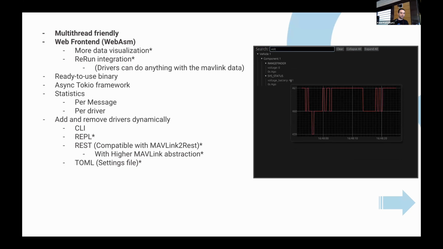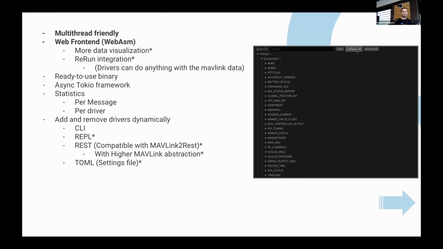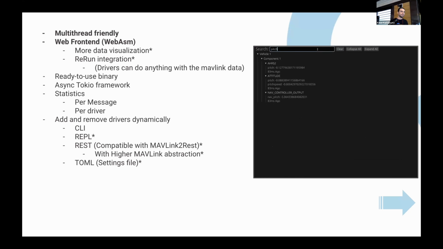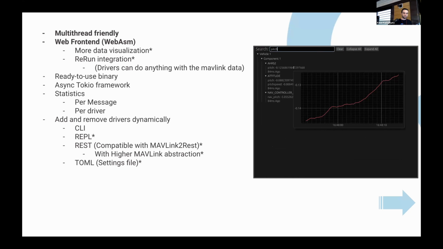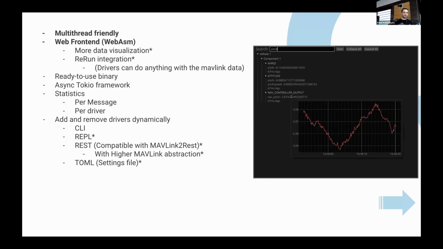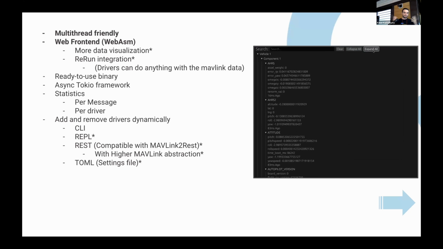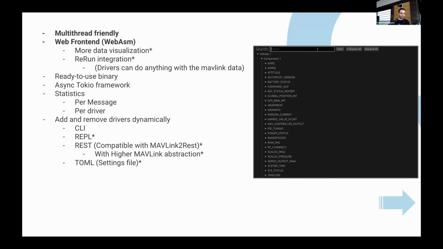It also allows you to add and remove drivers on the fly, different from MAV P2P and mavlink-router, if I'm not mistaken, and MAVProxy. Not 100% sure about MAVProxy. It provides a REST API where you can easily create and remove endpoints, MAVLink endpoints, without restarting the tool as a normal service or web service.